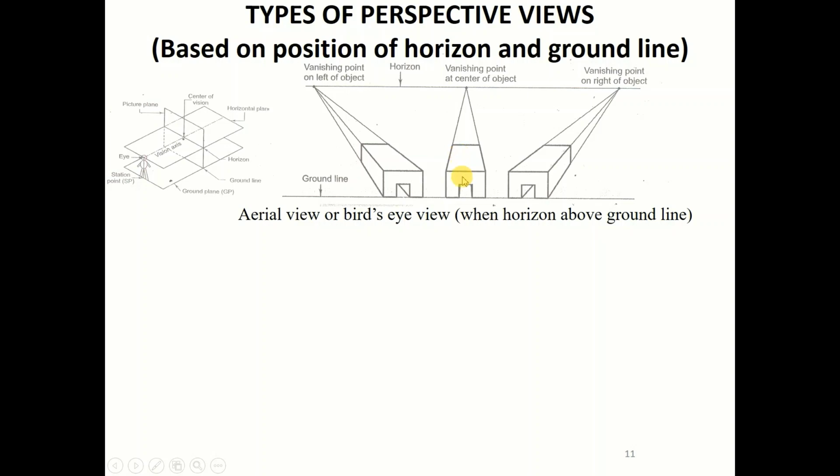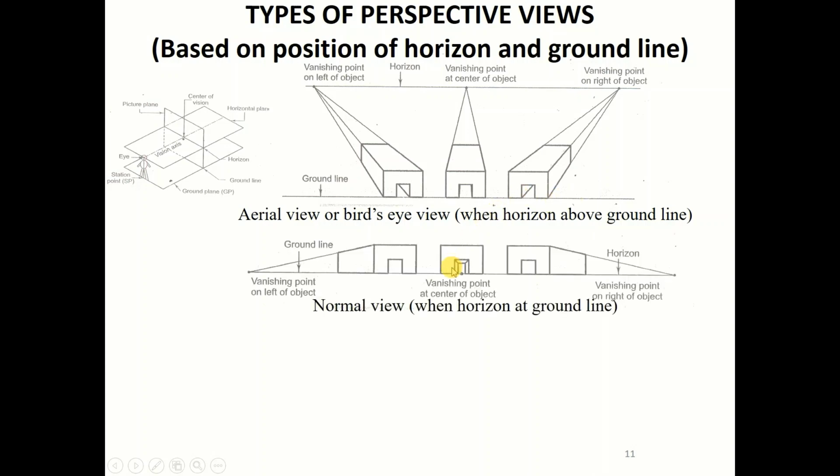It means the observer is completely aligned with this object. In the third option, the front face is again completely available, the top face is also available because of the height of the observer, and the right face of the object is available because the observer is standing slightly on the right side.